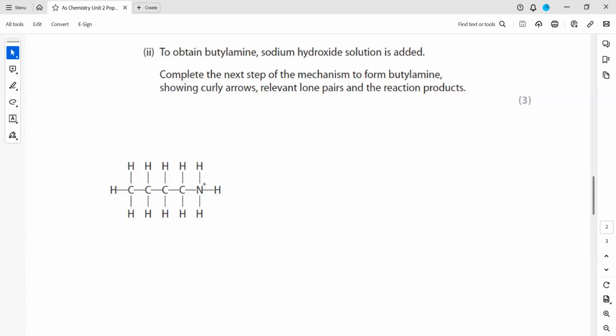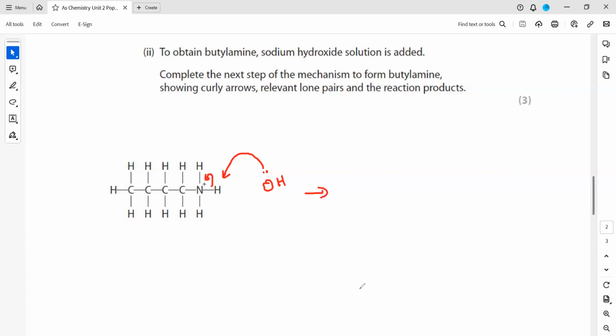So the student added sodium hydroxide, which means the student added hydroxide, OH-. This OH-, which has a lone pair, will attract a hydrogen, so we draw the arrow from the lone pair. It will attack the hydrogen, and the nitrogen will take both of the electrons, because there is a positive charge on nitrogen, and it will become neutral.